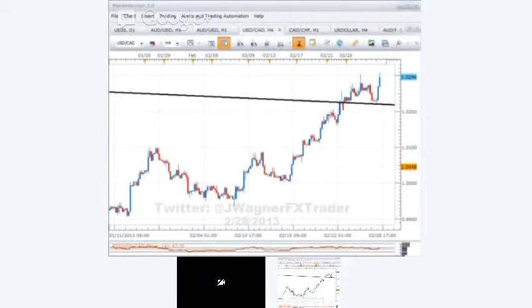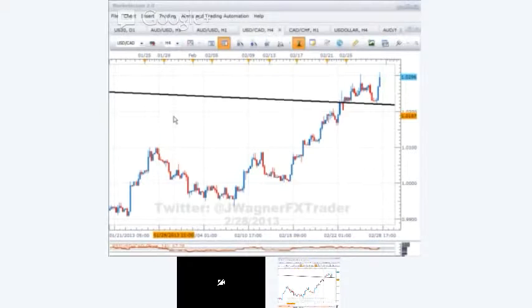I got a question here, what's the best pair to trade for possible breakout? The dollar CAD would certainly be one of them. Also, the Japanese yen, I mentioned that a few moments ago. Maybe not so much the dollar yen, but maybe a currency pair like the euro yen might offer up an opportunity to trade.